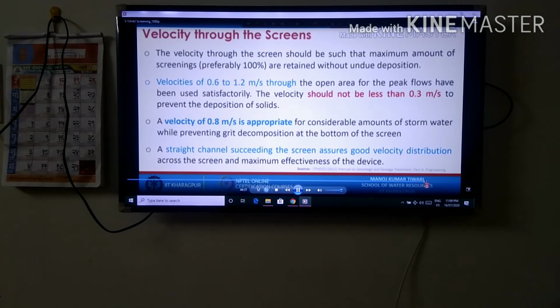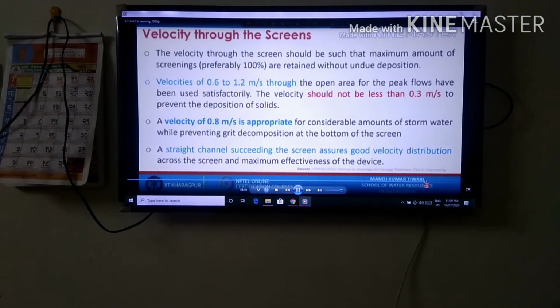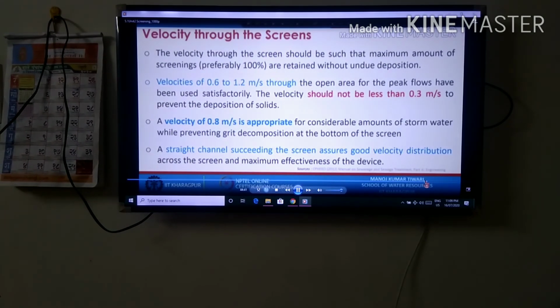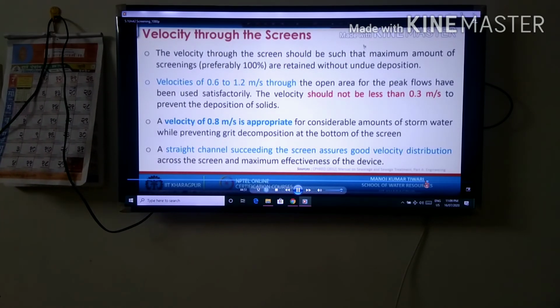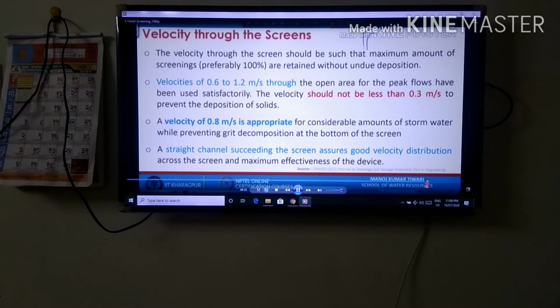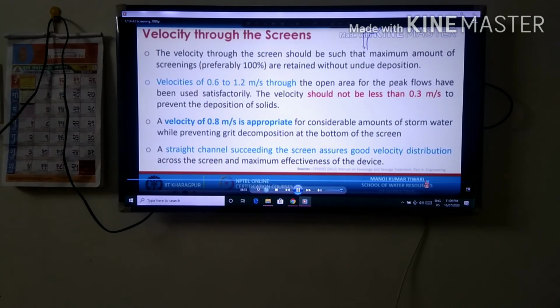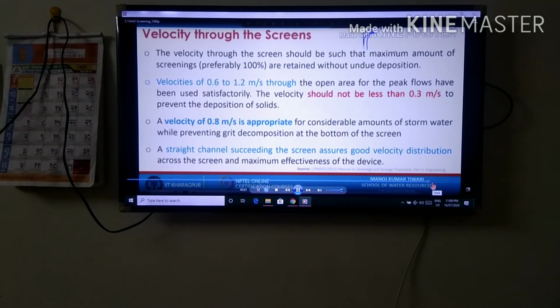Straight channel, which is like if a screen is kept in a straight channel, then a good velocity distribution is ensured. If you are having a channel like this and try to keep a screen here, because of the flow disturbances there is too much turbulence and the velocity distribution across the screen is not good.